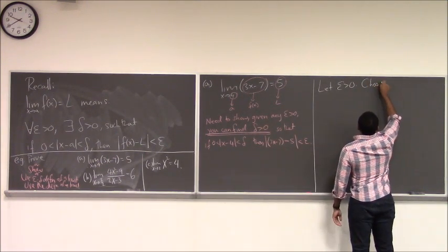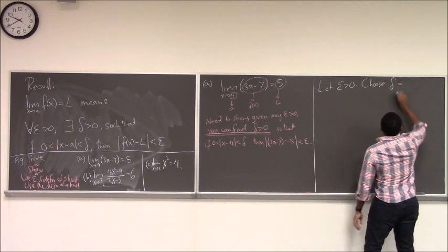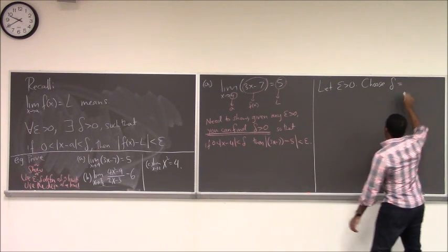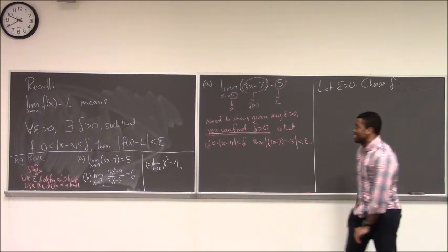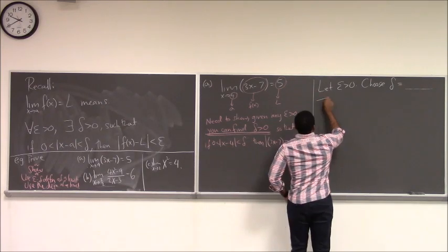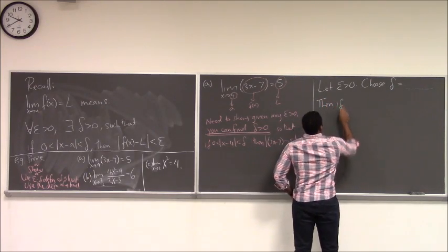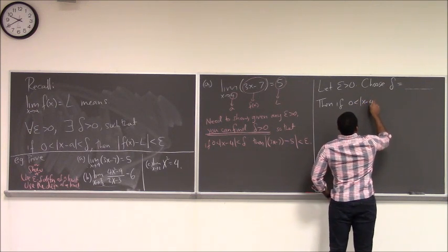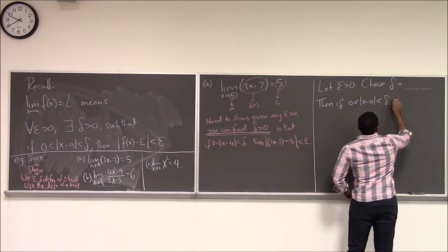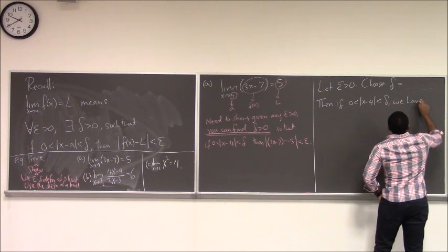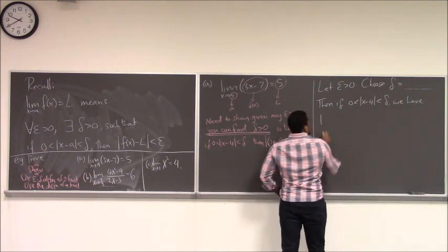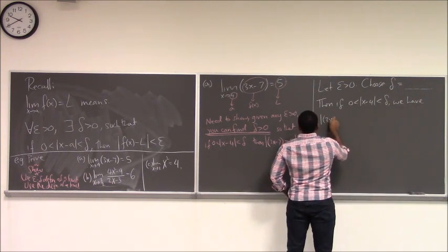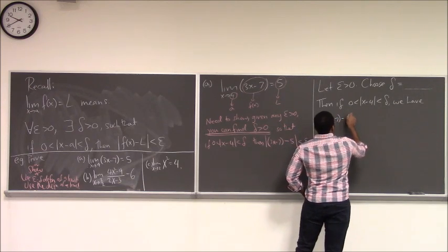Choose delta equals, you don't know yet. Then, if the absolute value of x minus 4 is less than delta, we will have that our 3x minus 7 minus 5.